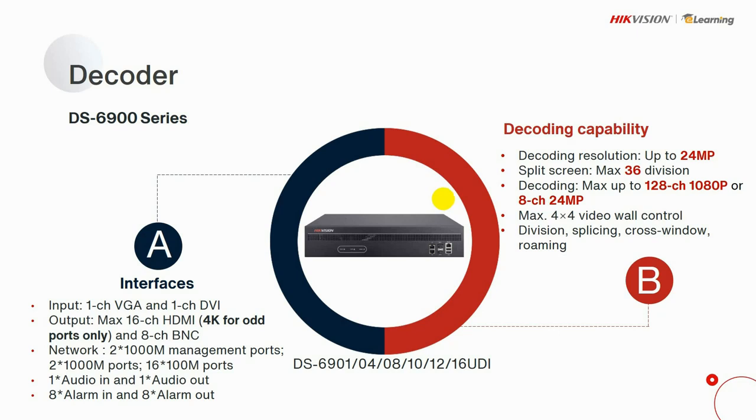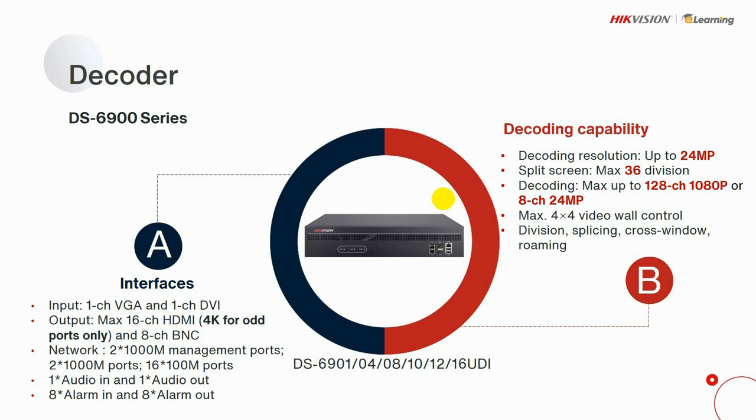So we have here our DS69 series decoder. In the naming rule, UD here is H.265 decoder and I here stands for international. All of our 69 series decoders have one VGA channel and one DVI channel for the input. And for output, there are a maximum of 16 HDMI channels and 8 BNC channels.